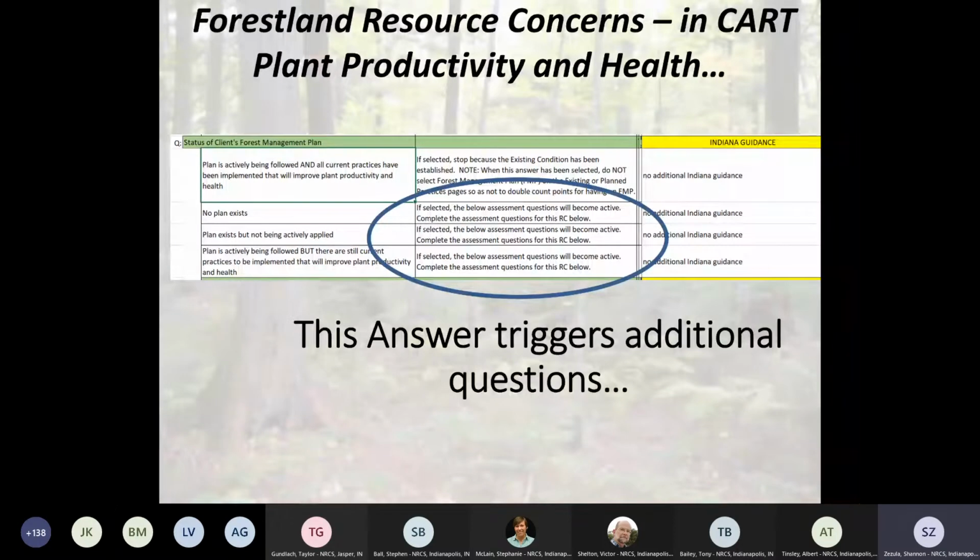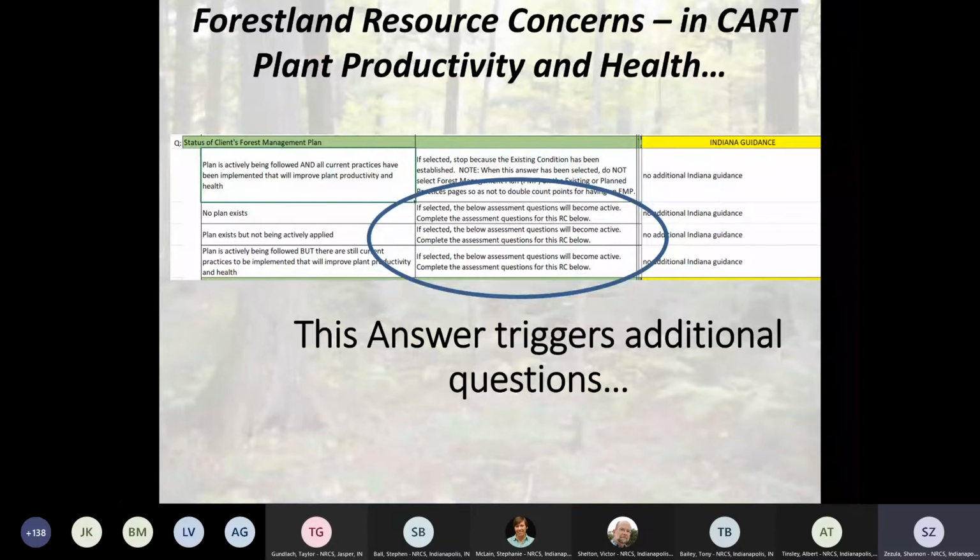But pretty much if you select that first option, that the plan is actively being followed and all current practices have been implemented that will improve plant productivity and health, there really is no resource concern associated with plant productivity and health. So if you select that, you will get no further questions in CART. It'll move you on to the next one. And if that's the case, I'm going to backtrack.